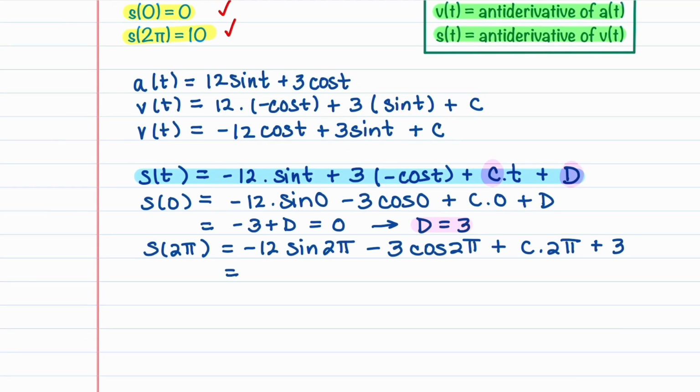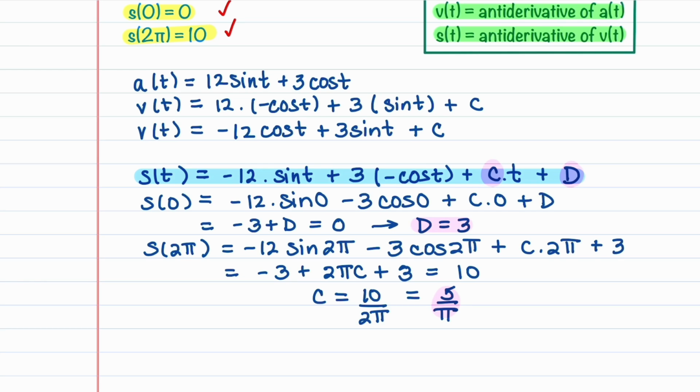Now let's see what this is equal to. Sine of 2 pi is 0. Cosine of 2 pi is 1. So this is minus 3 plus 2 pi c plus 3. And that is equal to 10. The minus 3 and the 3 cancel. So we get that c is equal to 10 divided by 2 pi, which is just 5 over pi.